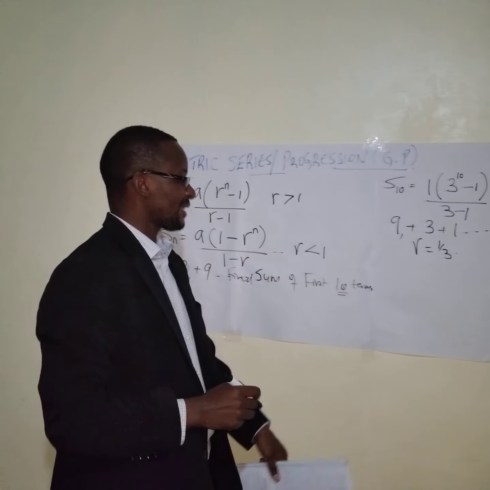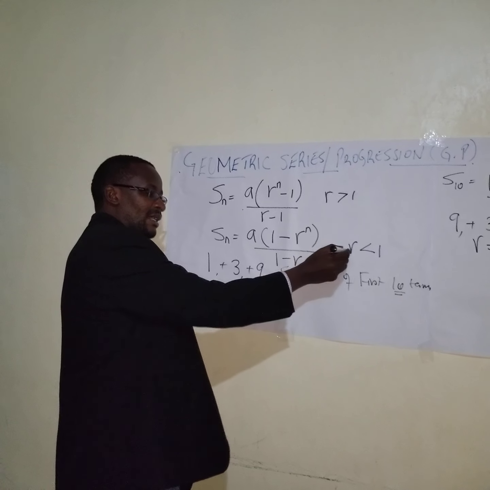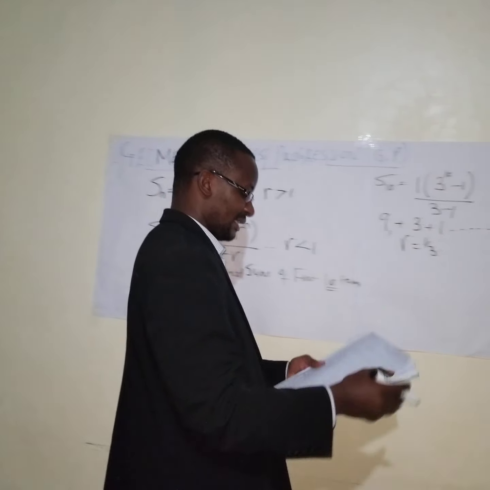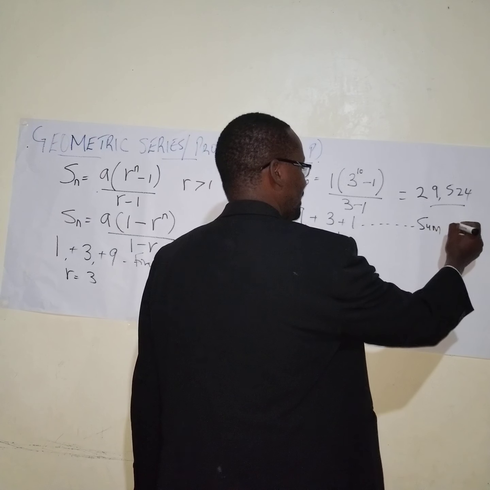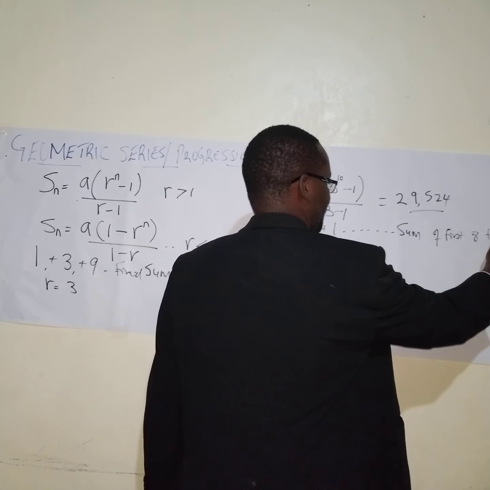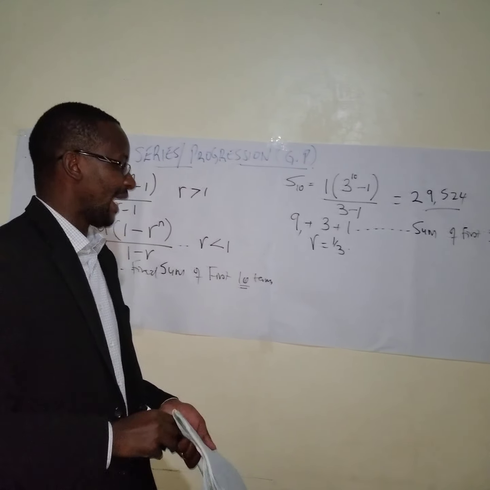So if r is a third, we are going to use the second formula, not the first one, because the second one is where r is less than 1. So let's also get the sum of the first 8 terms in this one. Find the sum of the first 8 terms. That 8 now becomes your n.